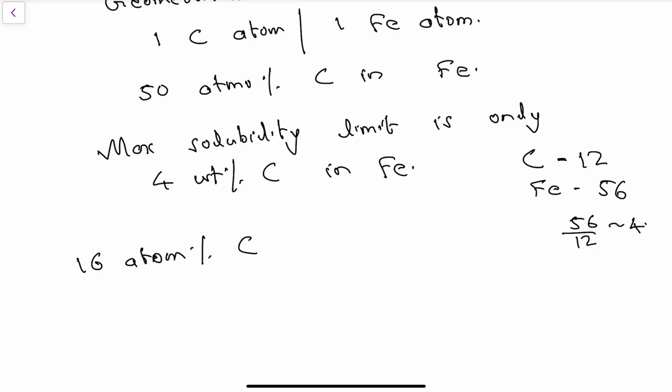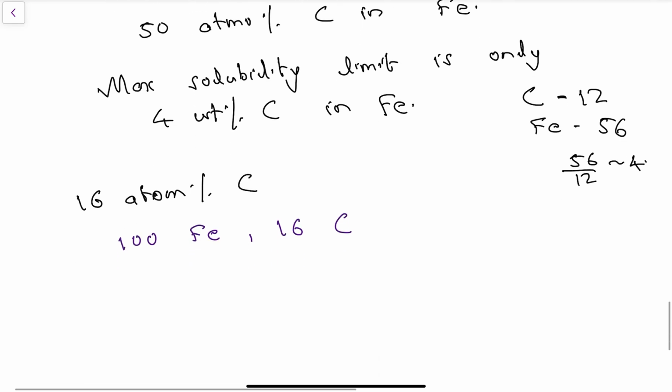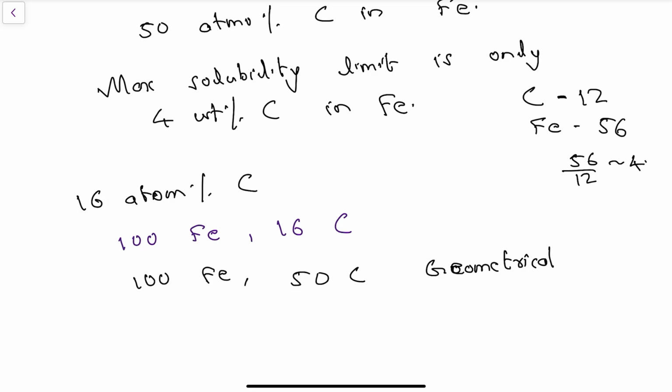So for 100 atoms of iron, you will have 16 atoms of carbon. That is the difference. The geometrical limit we have seen is 50, that is, for every 100 iron atoms you can have up to 50 carbon atoms. So this is the geometrical limit, and this one is the real limit that we are seeing.